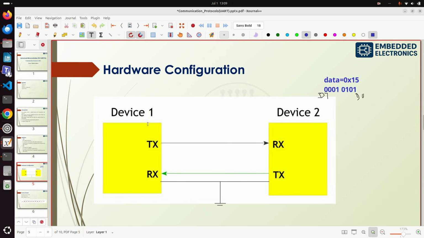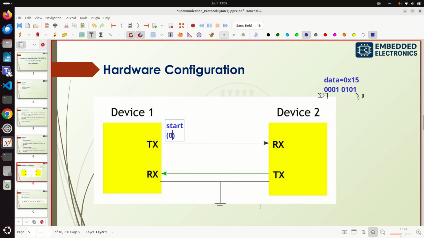For that purpose we have one bit, the first bit, that is the start bit, which is 0. Now device 2 understands that somebody has started communication and it needs to pay attention.